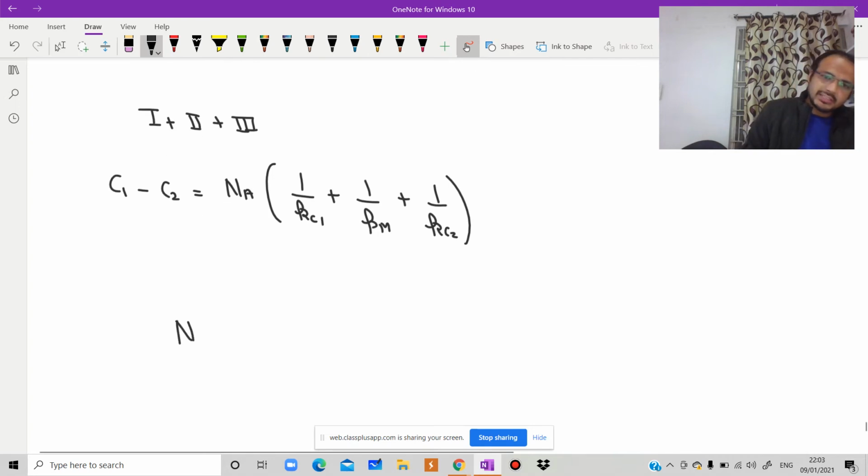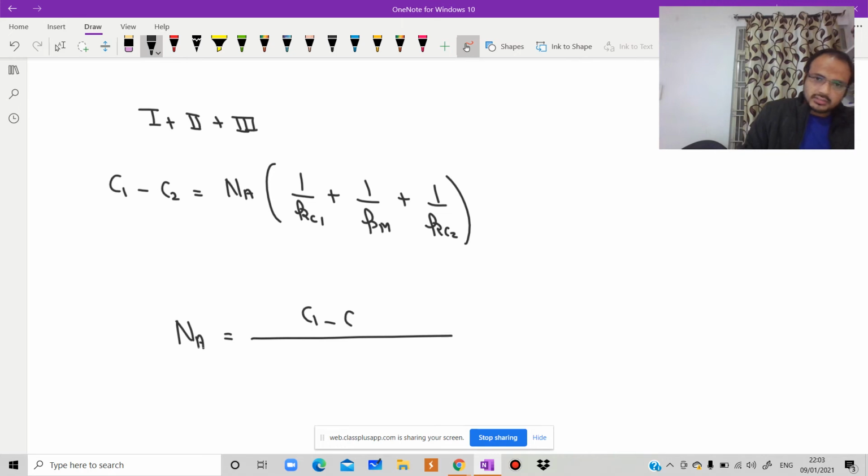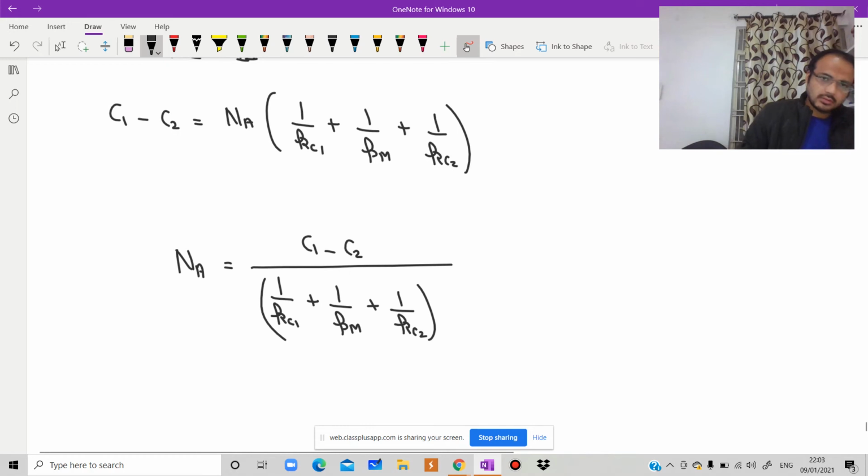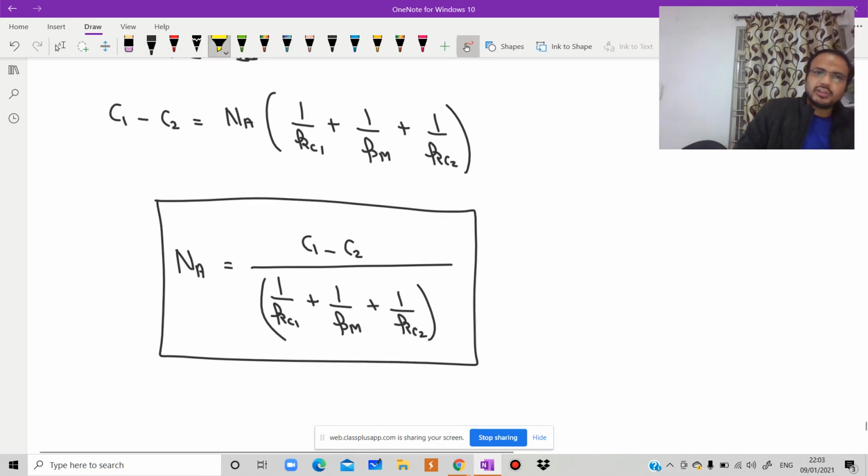So NA is defined as NA is equal to (C1 minus C2) divided by (1 by Kc1 plus 1 by PM plus 1 by Kc2). In similar manner, we can define for if both phases are gas.